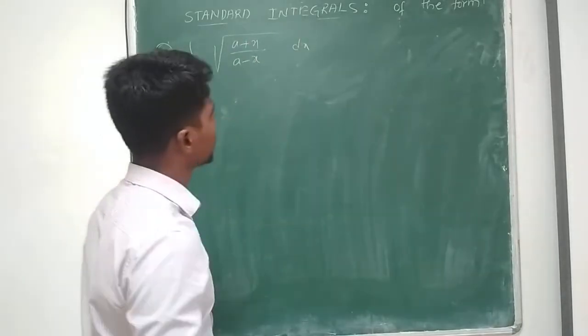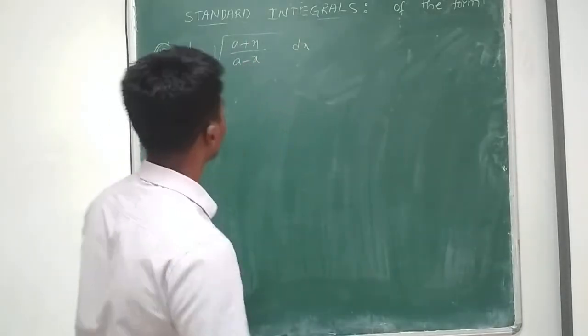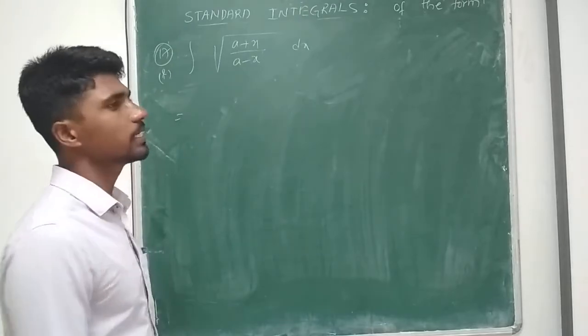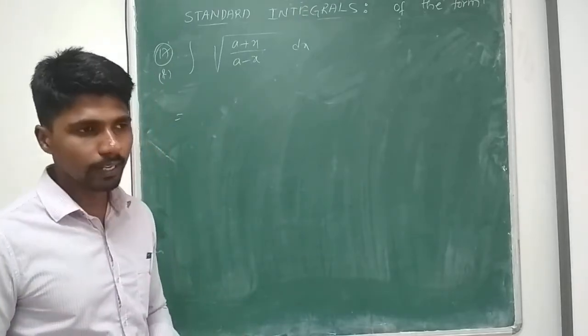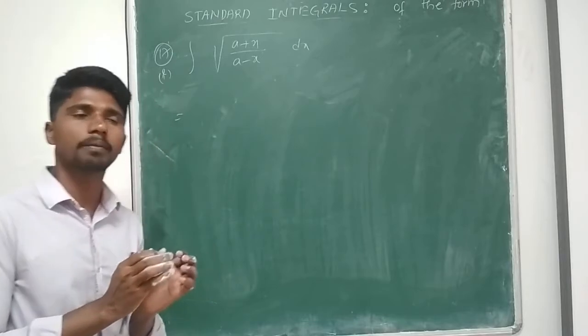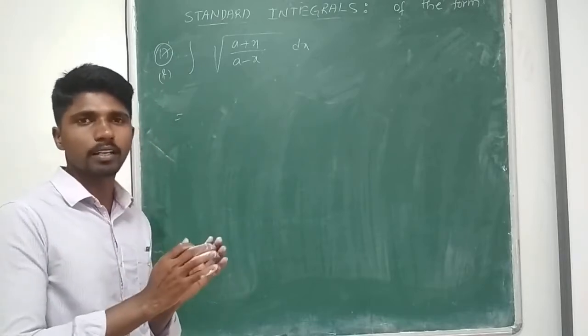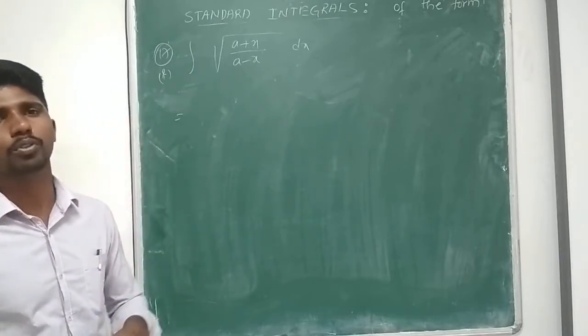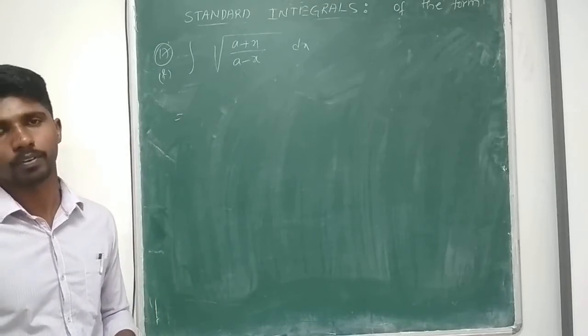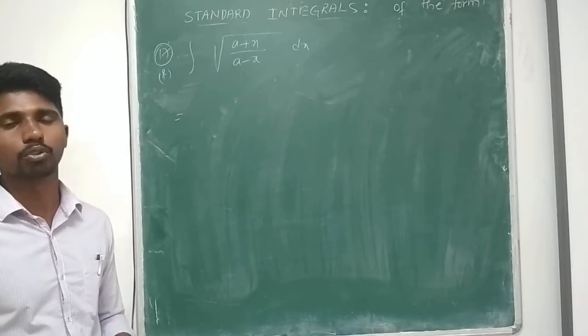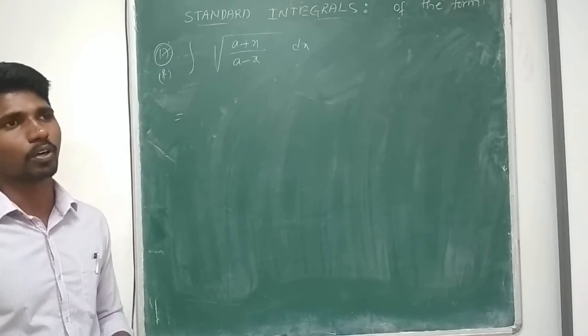Whenever we get this type of irrational form, we do rationalization and try to get a rationalizing factor. Rationalize the numerator. What to do?